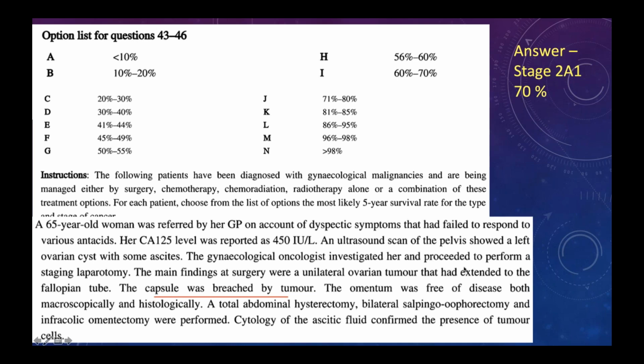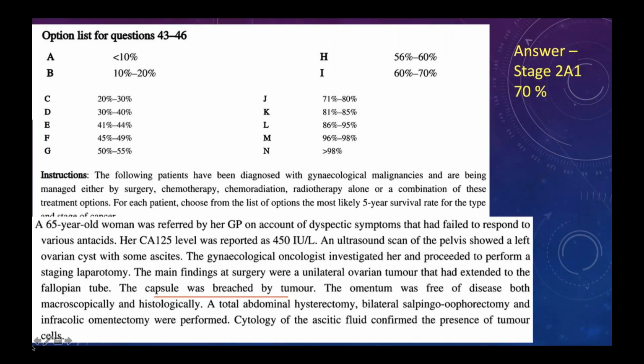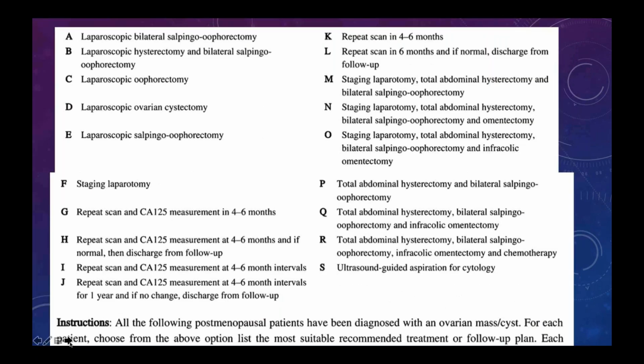Unilateral ovarian tumor extended, fallopian tube is involved. Then 2A, ma'am. 2A, yes. And stage 2 we read 70%. Okay, so answer should be 70%.